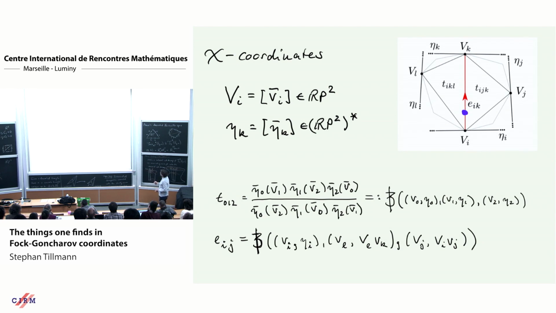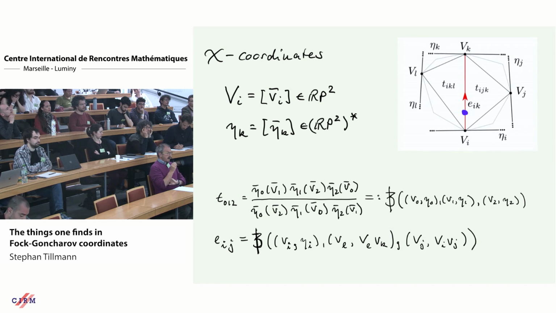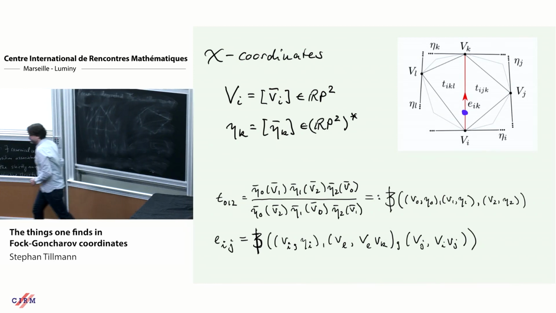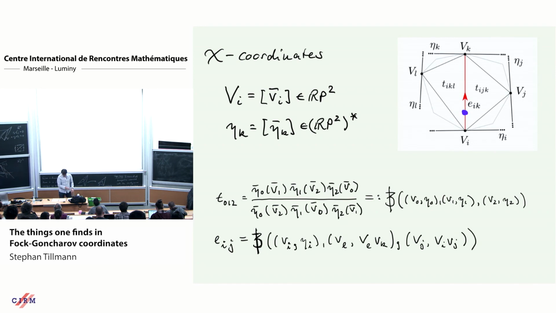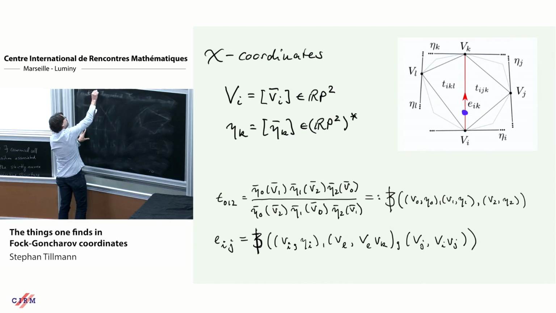And so again, you can show that once I give you a triangle coordinate, basically this triple, if you give me a positive number t bigger than 0, yeah?